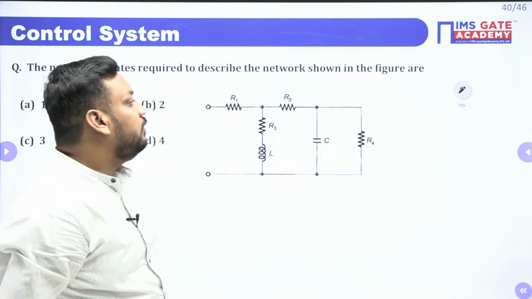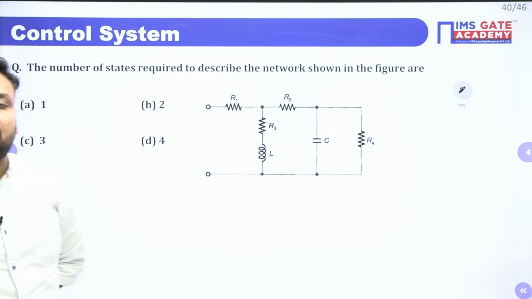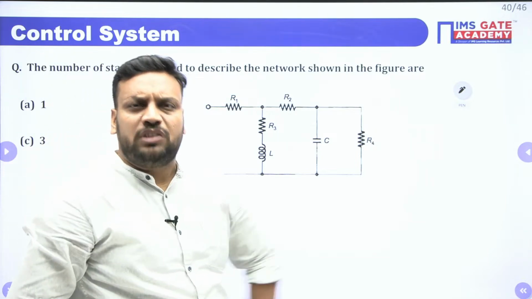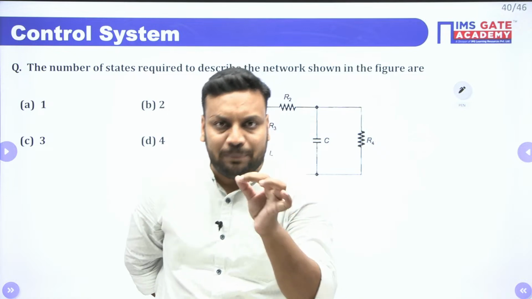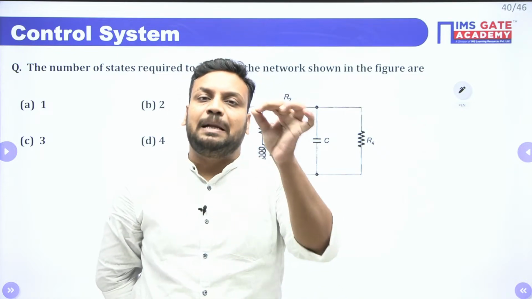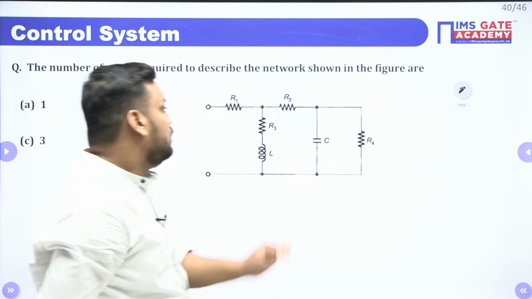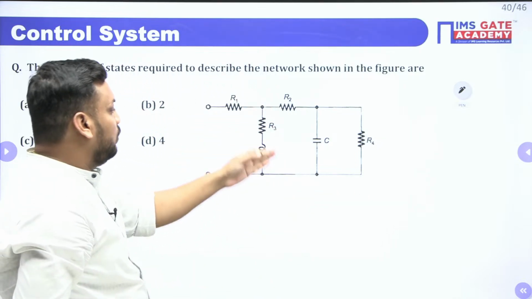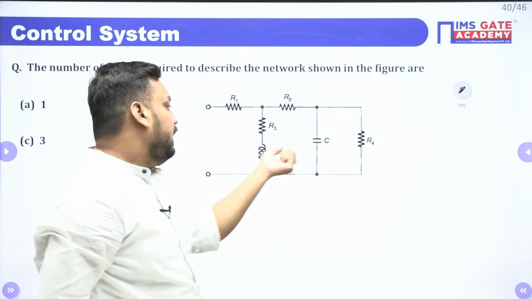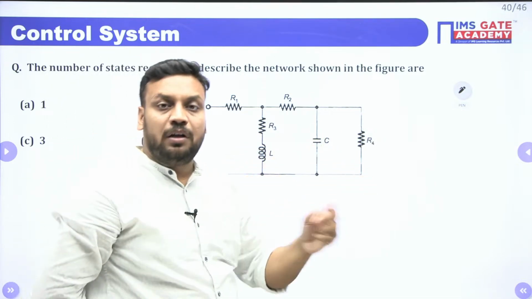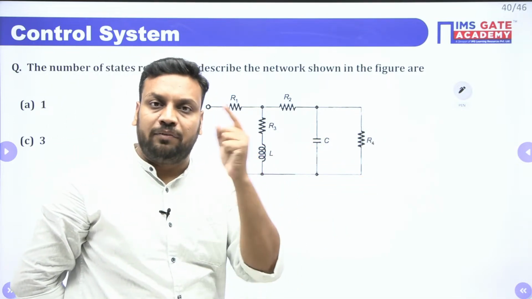So here in this electrical network, how to decide the number of state variables? You just need to check the number of inductors and capacitors, because each is equivalent to one state variable. Here we have R1, R2, R3, L and C, so we have only one inductor and one capacitor.